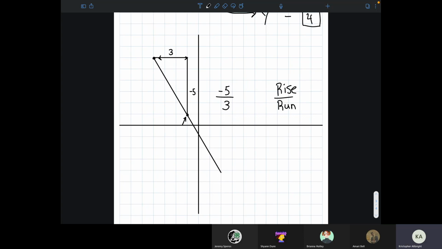Finding the slope if it gives you something else is not always that simple.